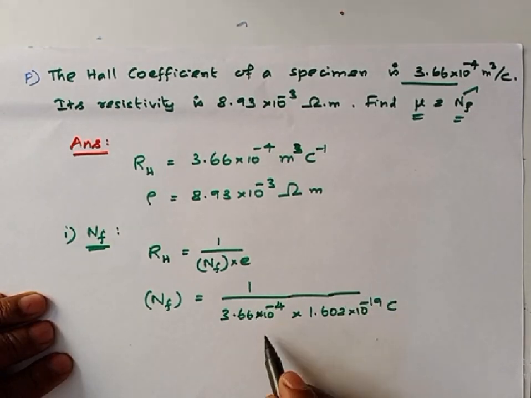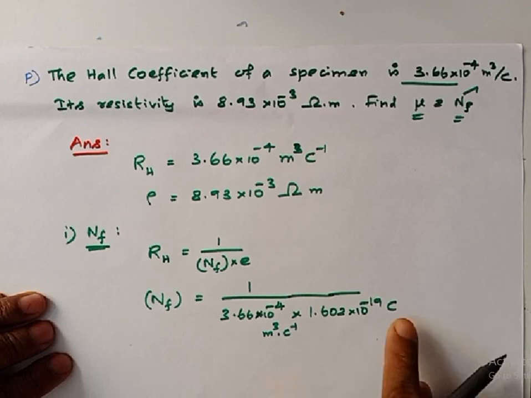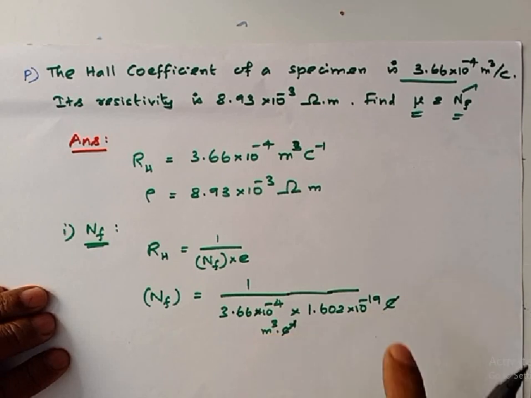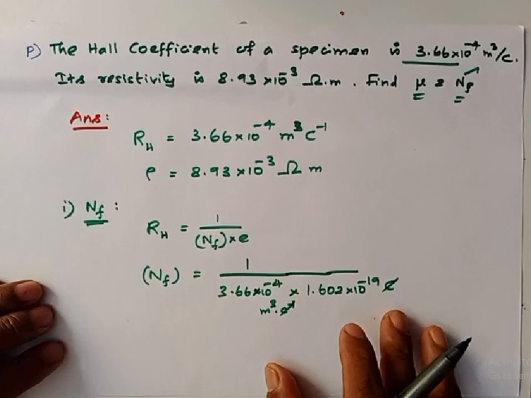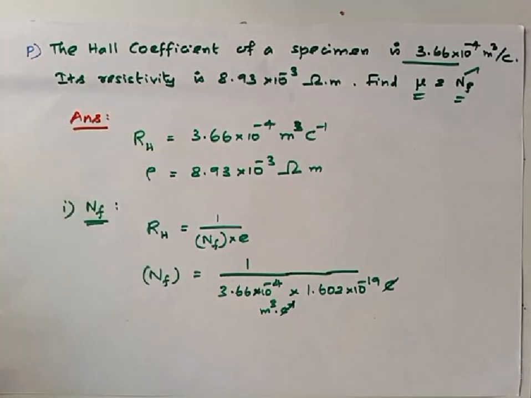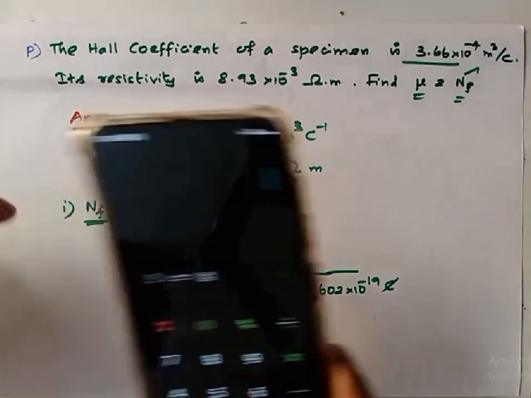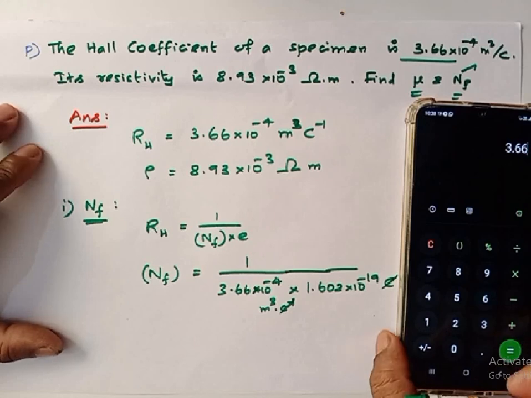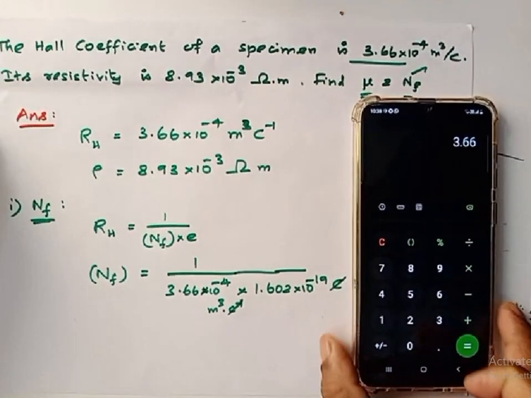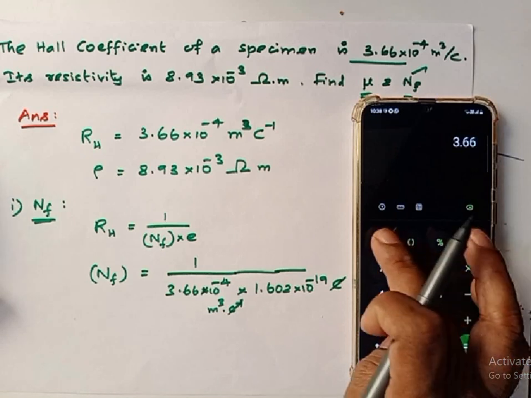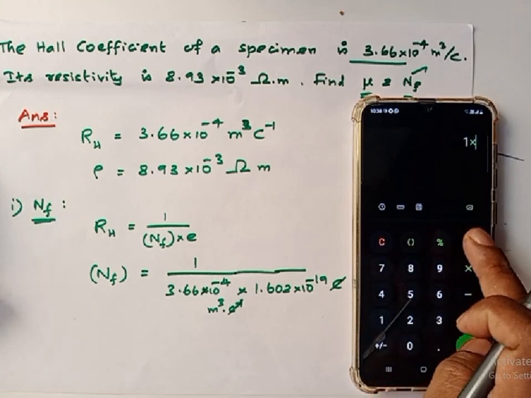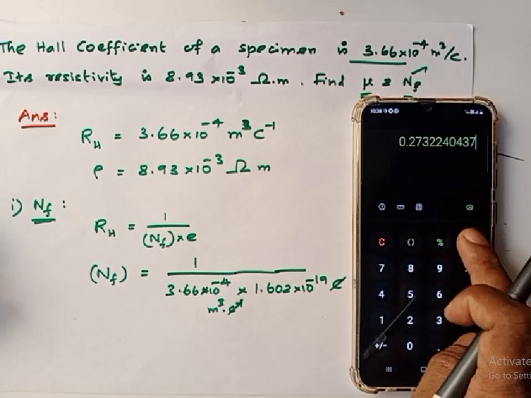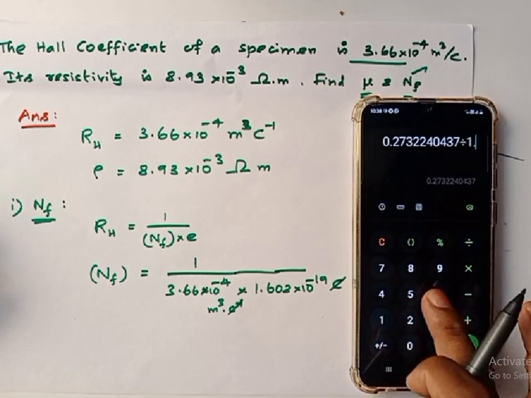So here we have per coulomb. This is meter cube per coulomb, and this is coulomb. So these two get cancelled, and we have meter cube in the denominator. If it comes to the denominator, you get per meter to the power minus 3. If I simplify this, what will we get? Let me work this out. 1 divided by 3.66, again divided by 1.602.